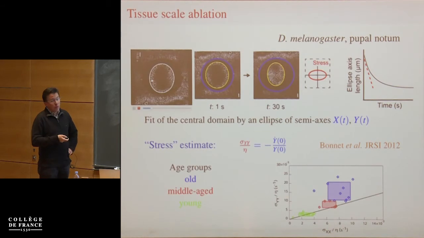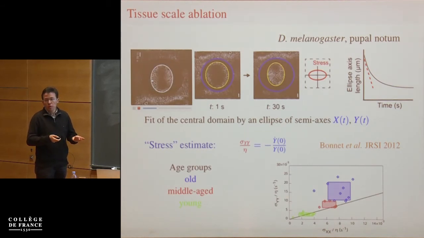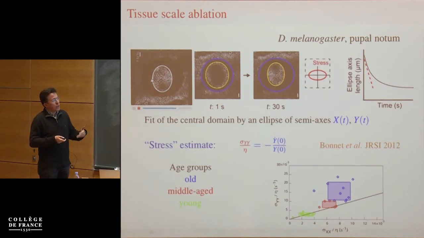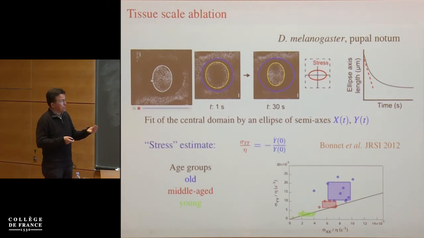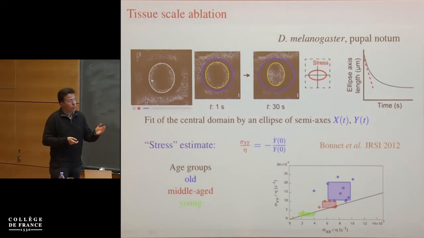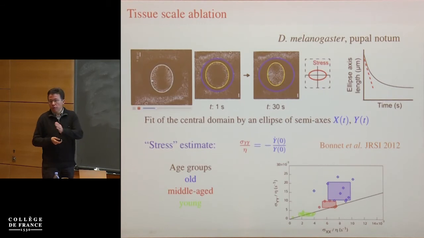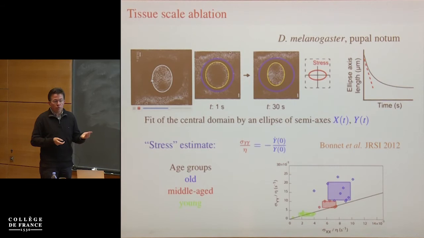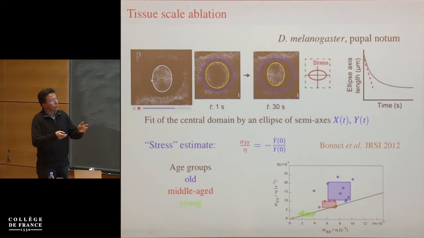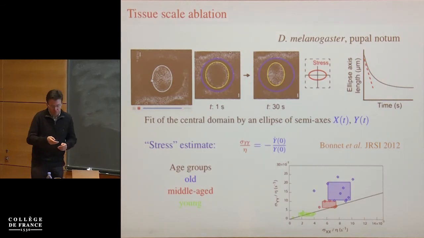And again, assuming that this dissipative coefficient does not depend on space or time, we obtain a relative measurement that allows to perform comparisons between the tissue at different times or between the stress conditions at different places in the tissue.